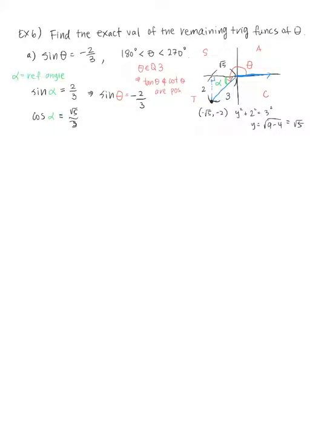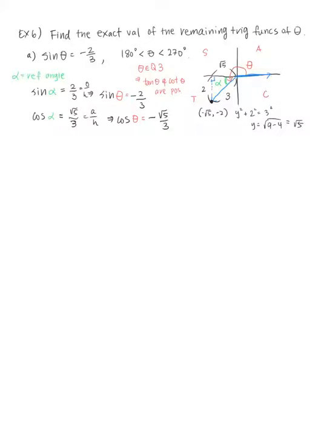Gosh, my writing is just getting worse and worse. So that implies that cosine of theta, now since cosine is going to be negative in quadrant 3, the answer is going to be negative square root of 5 over 3.